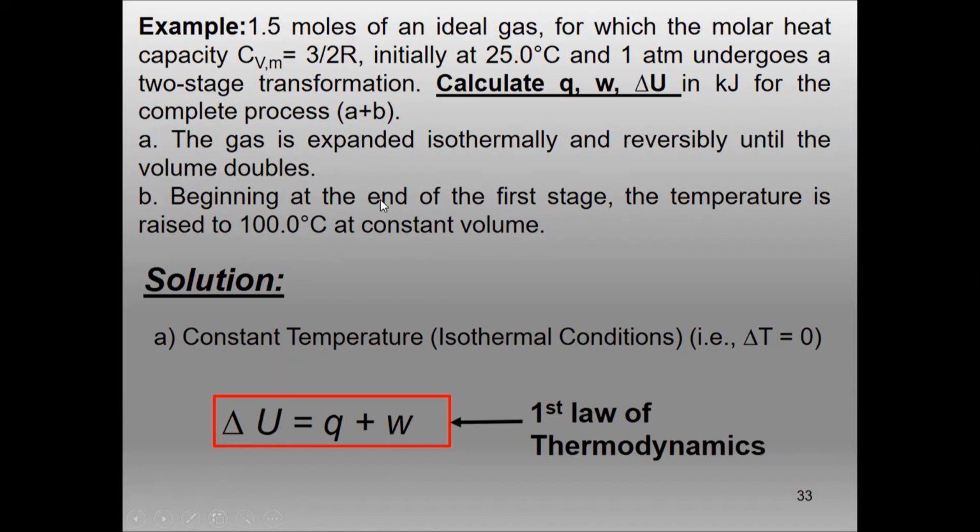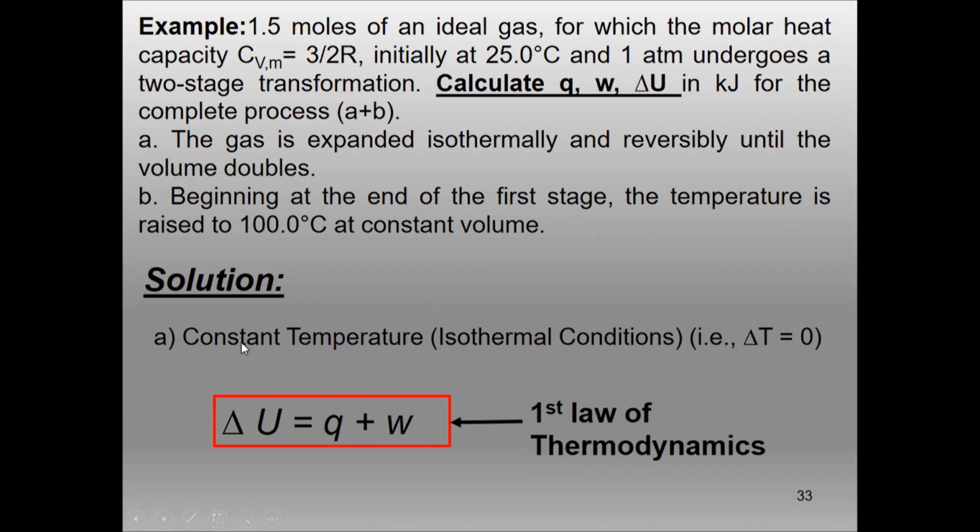Process B, beginning at the end of the first stage, the temperature is raised to 100 degrees Celsius at constant volume. So these are two experimental conditions that were carried out for that gas. The first was isothermal. The second was isochoric, constant volume.